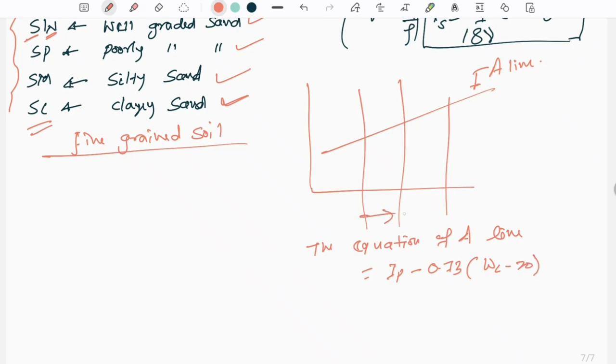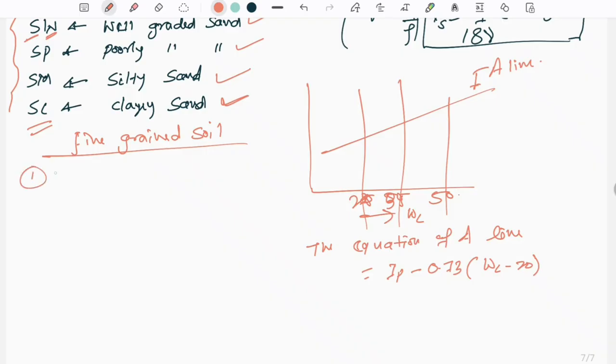So here is the liquid limit. Okay, means 35% liquid limit, 50% liquid limit, and greater than 50% liquid limit, means 20%, 35% or 50%, like that. And this is the A line.